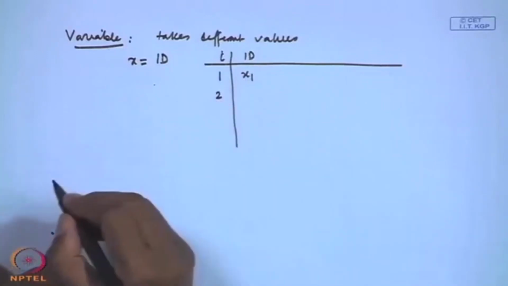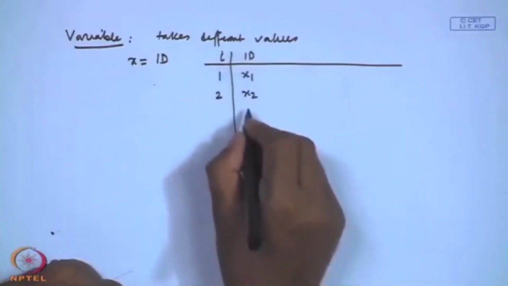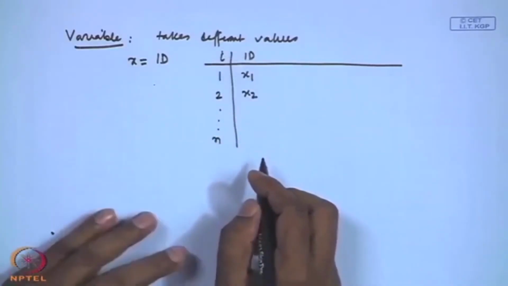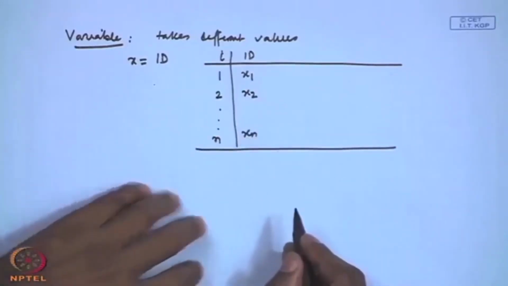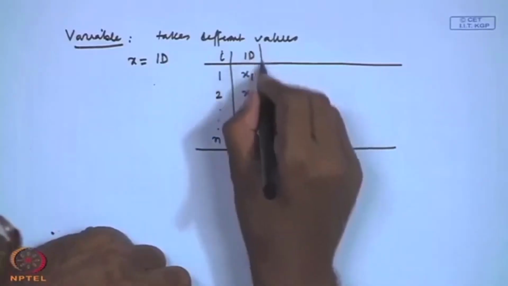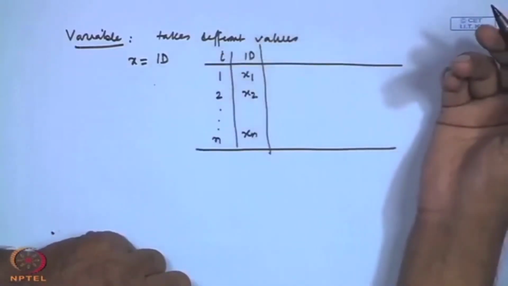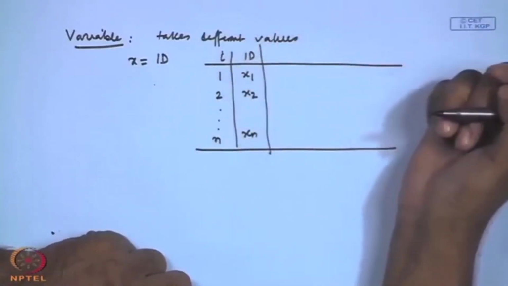When you go for the second washer, it may take x2. If I go for n washers produced, then xn will come into consideration. So these are the values. ID takes different values, as a result ID is a variable.